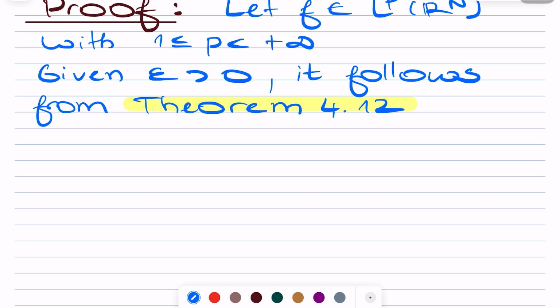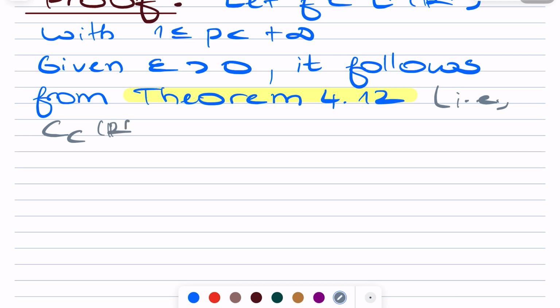This is where we investigated theorem 4.12. So this theorem basically stated that the space of continuous functions with compact support lies dense in L1. I think it was probably in the lecture about measure theory and integration. I don't remember, but please check out our previous videos. So this means the space of continuous functions with compact support actually lies dense in L1 of Rn.